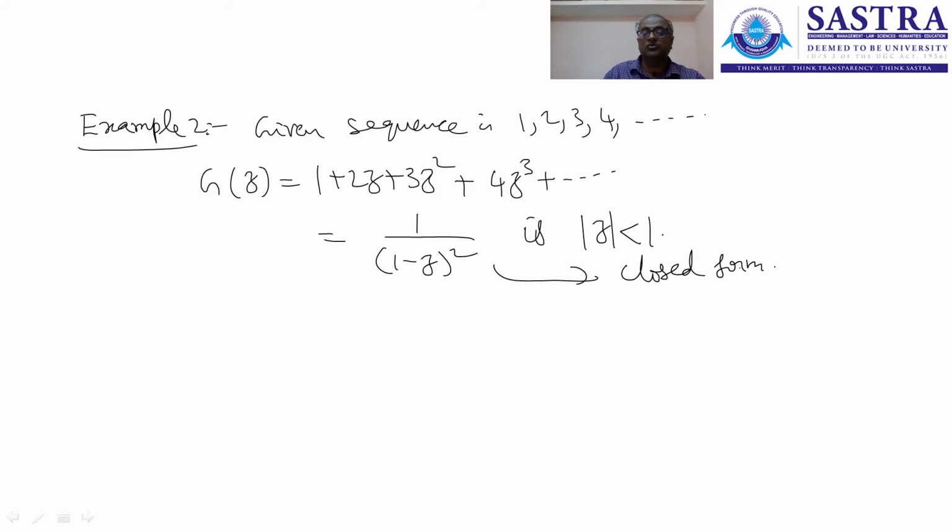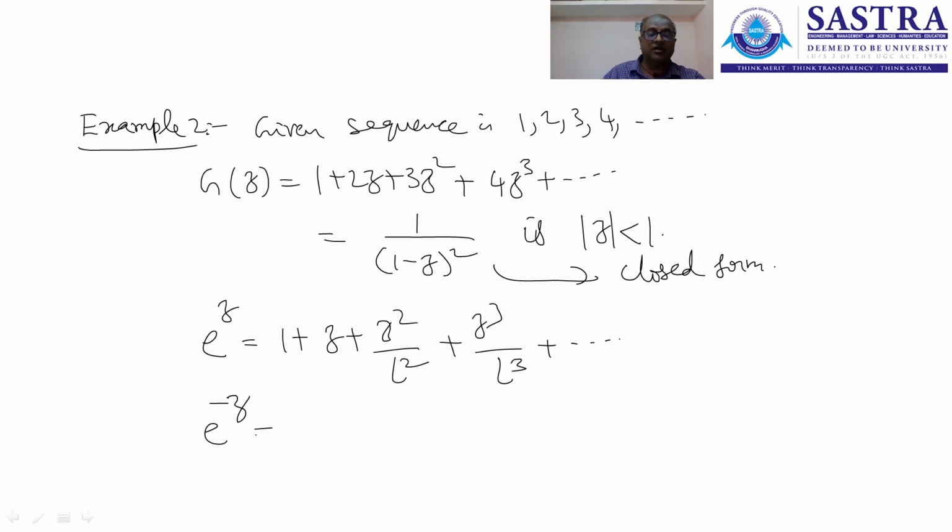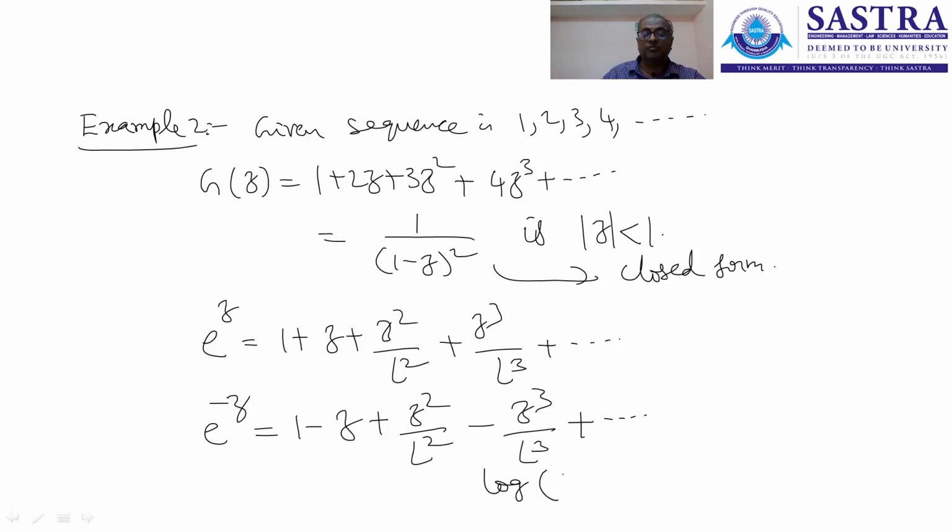You can use any type of function, e power z: 1 plus z plus z squared by factorial 2 plus z cube by factorial 3 plus so on. You also have another function, e power minus z: 1 minus z plus z squared by factorial 2 minus z cube by factorial 3 plus so on. Another type of function is log of 1 plus x.